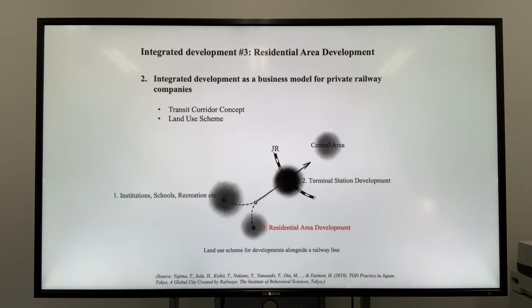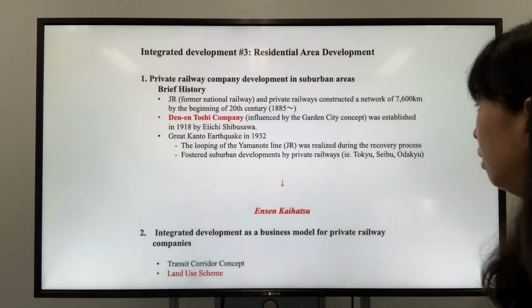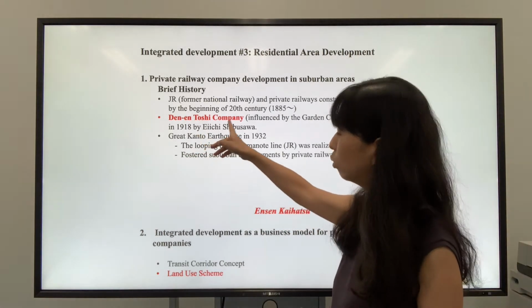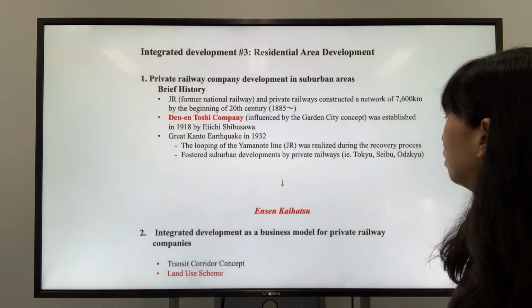Next is about the residential area development. To explain this, I need to go back a little bit and explain about this Den-en Toshi company, which was influenced by the Garden City concept.